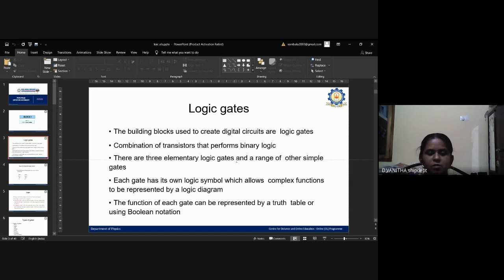The function of each gate is represented by a truth table or Boolean notation. By using Boolean notation, we can represent the function of each gate.